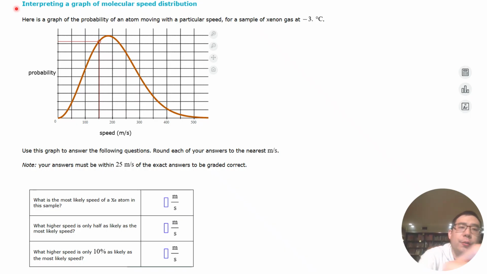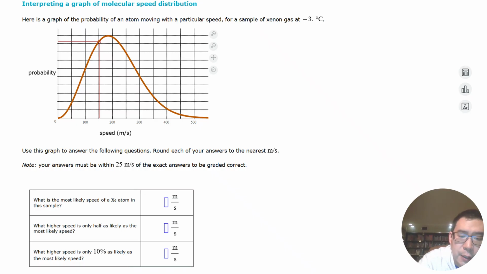And so here's a graph. It says it models the probability of an atom moving at a particular speed for xenon gas at minus 3 degrees Celsius. And the question is, answer these questions. What is the most likely speed of a xenon atom?